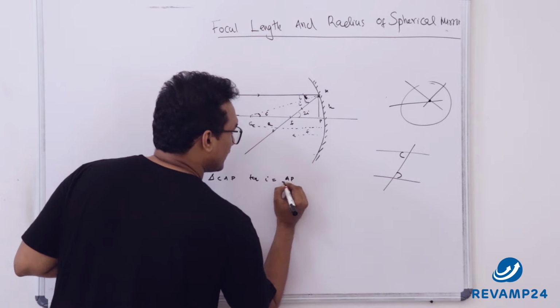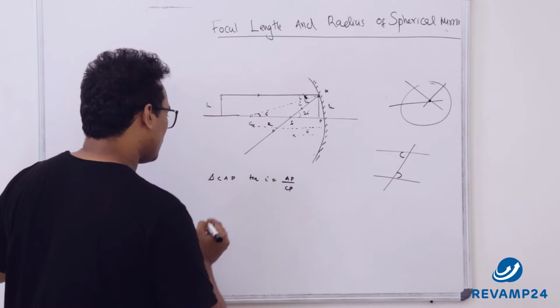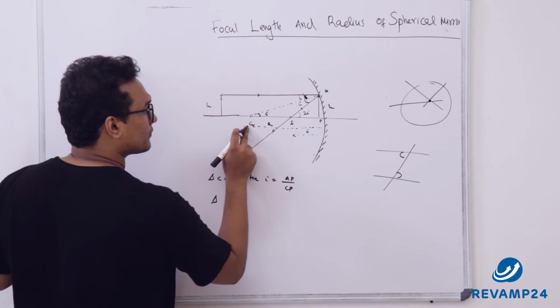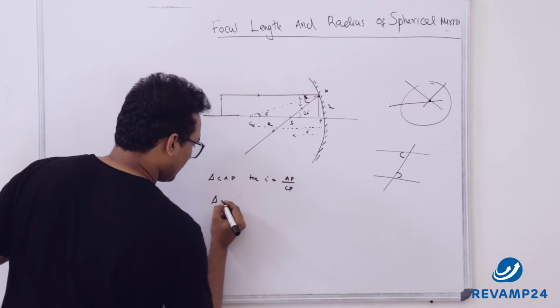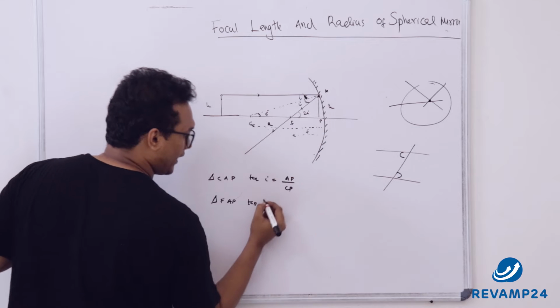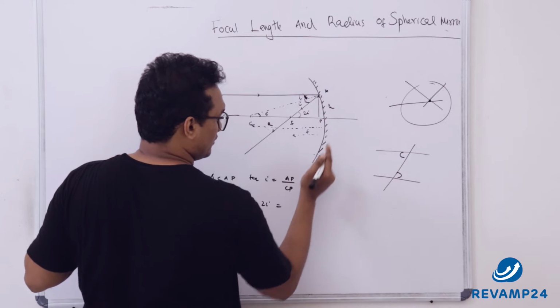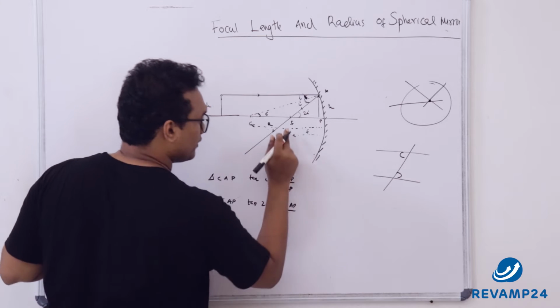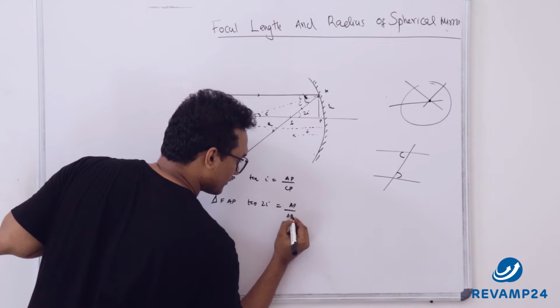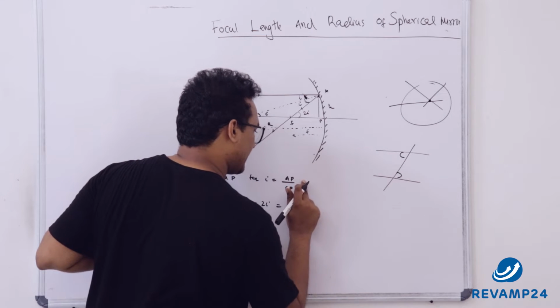So AP divided by the adjacent, which is CP. Now similarly in triangle FAP, tan 2I is equal to opposite AP divided by adjacent FP. Now AP is simply h, or you can keep it as AP itself.